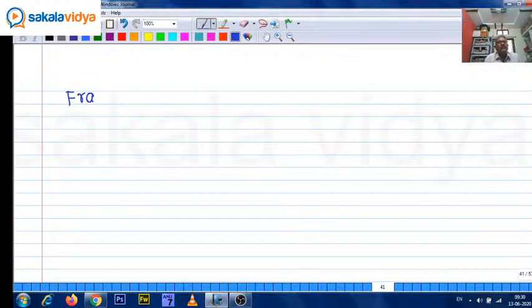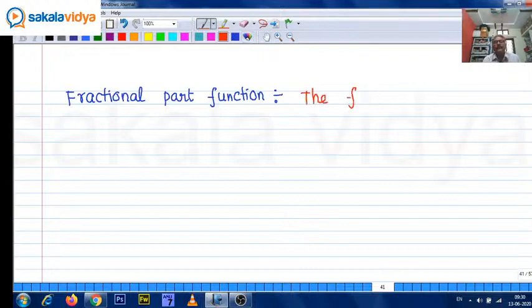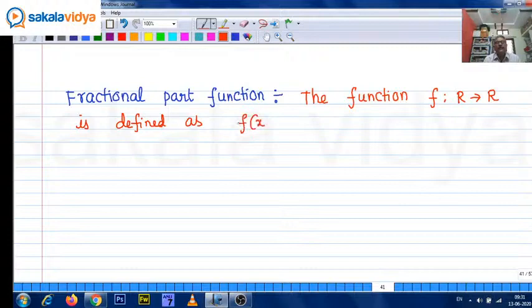Fractional part function. The function f maps R to R is defined as f of x equals x minus integral part of x.